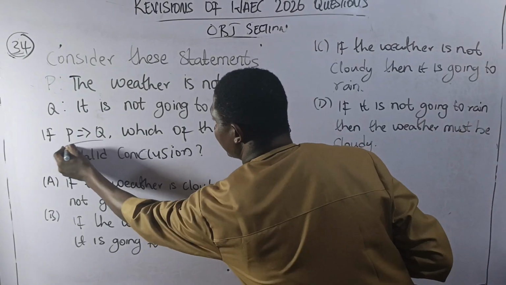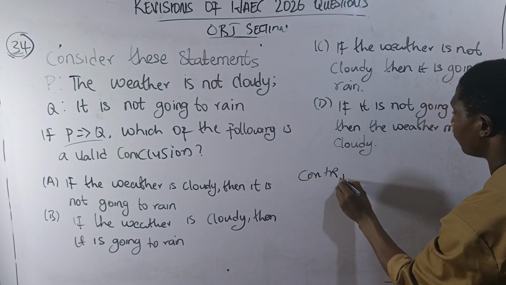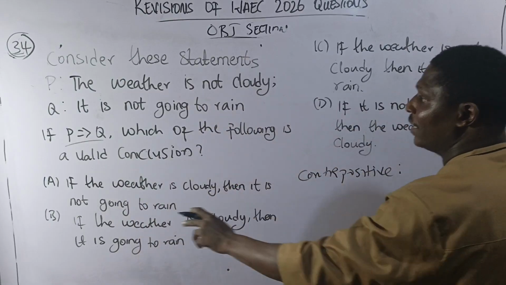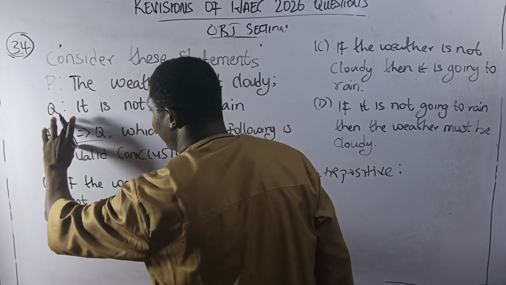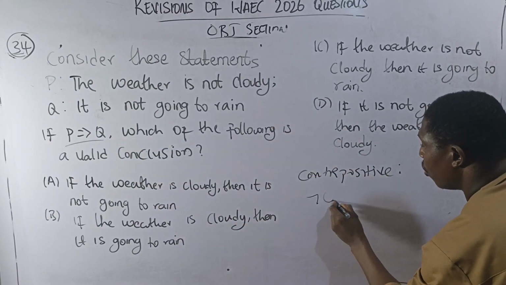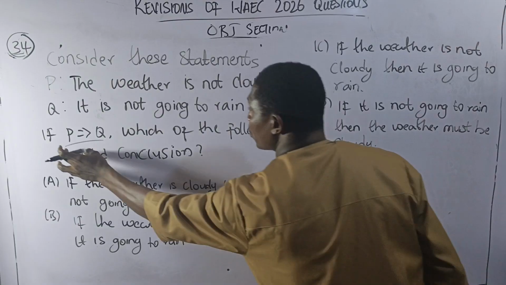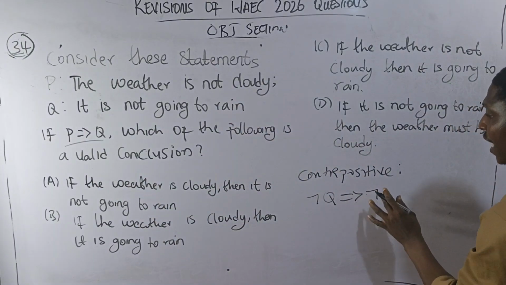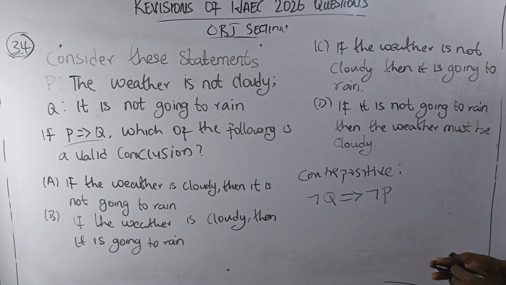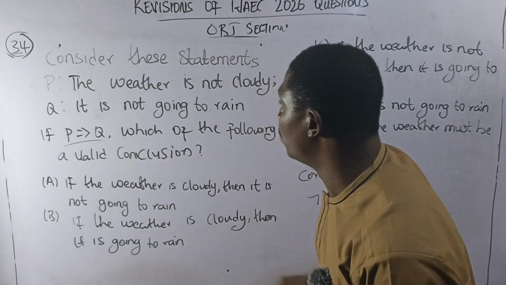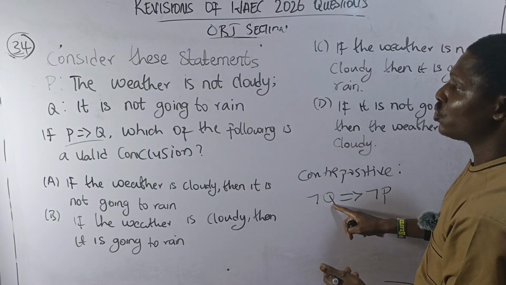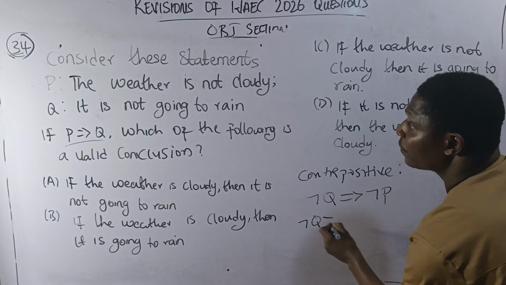And the contrapositive of P implies Q, where this is the hypothesis and this is the conclusion, becomes the negation of the conclusion implying the negation of the hypothesis, which is P. Now this is read as the opposite of Q.